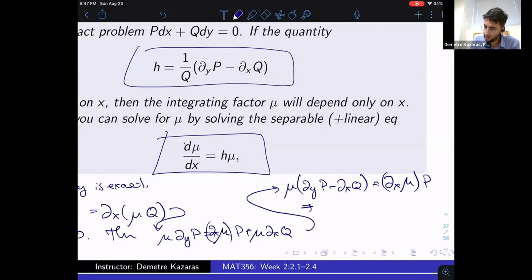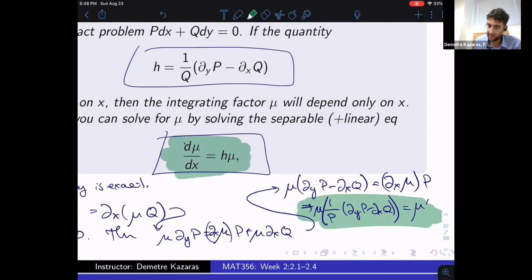Or, in other words, mu times 1 over p times the y derivative of p minus the x derivative of q is equal to, let me just write it as, how about mu prime? No ambiguity about what partial derivative I'm talking about because mu only depends on x. Okay, so that is exactly this.